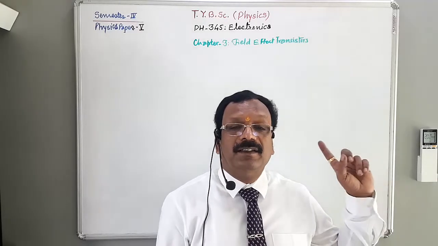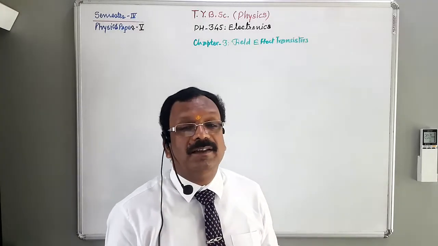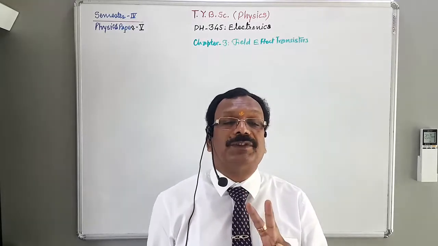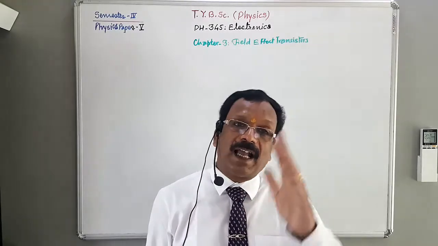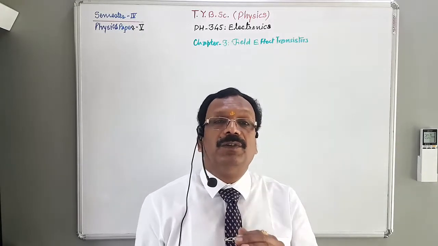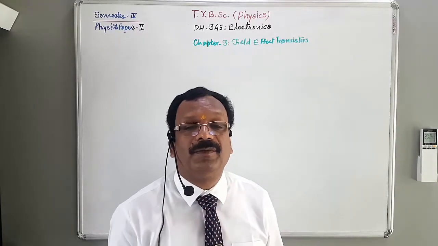To get the switching action, the VGS has only two values. Either VGS is high, that is 0, or VGS is low, that is a minus value.